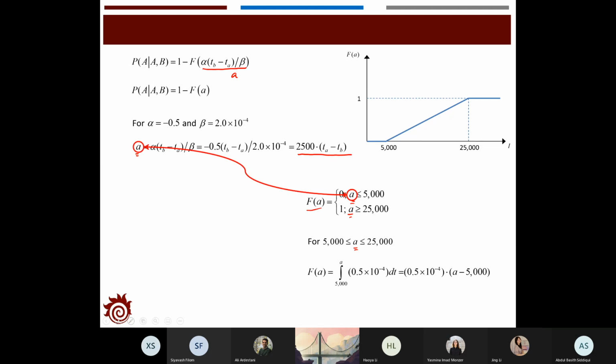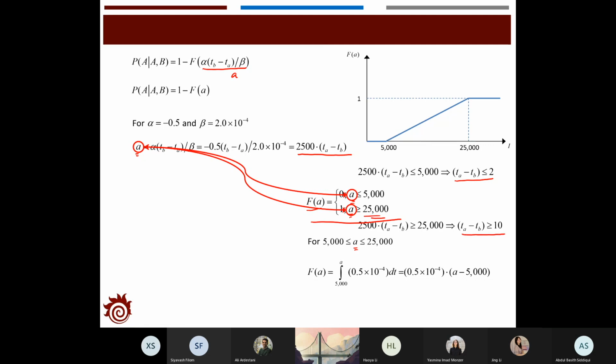For the CDF, if A is less than 5,000, you get the condition when TA minus TB is less than 2, FA is always 0. Similarly, when TA minus TB is higher than 10, the CDF is always 1. And for those in between, you can still derive the formula.